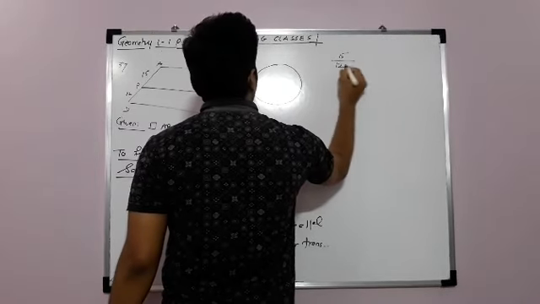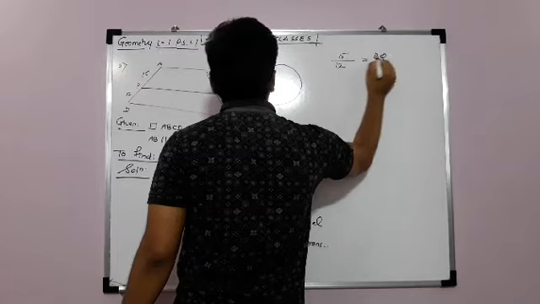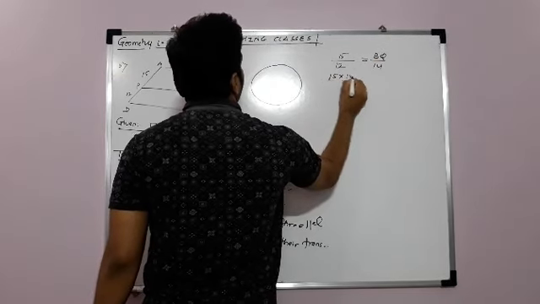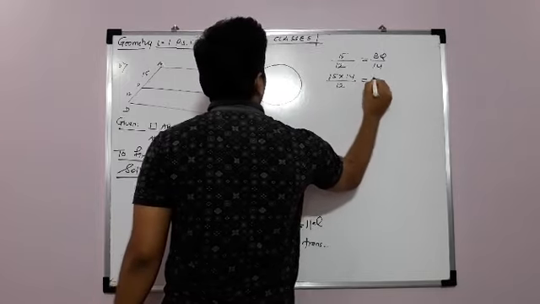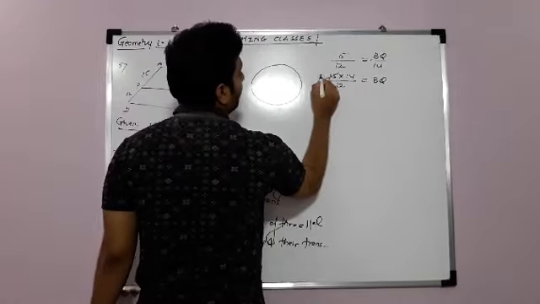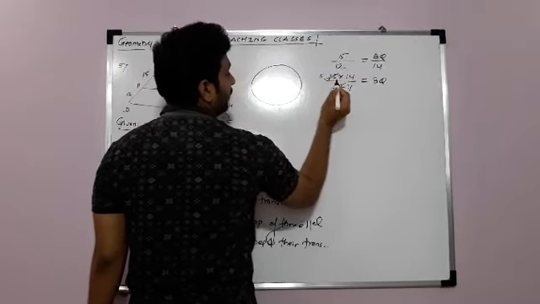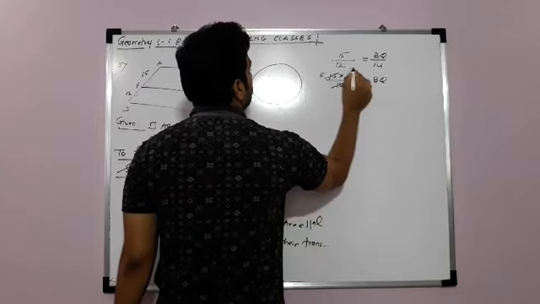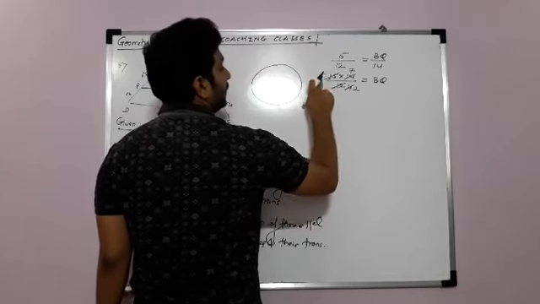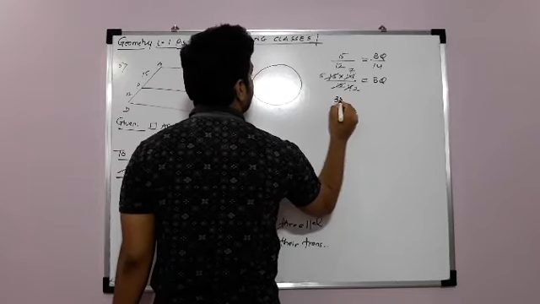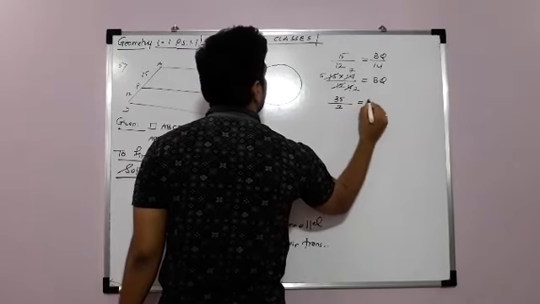Then simply write the values now. 15 upon 12 is equal to BQ upon 14. Cross multiplying, BQ is equal to 15 into 14 upon 12. The calculation is quite simple. Now 3 fives are 15, 3 fours are 12, and simply we reduce it. 2 sevens are 14, 5 sevens are 35, so 35 upon 2 is equal to BQ.